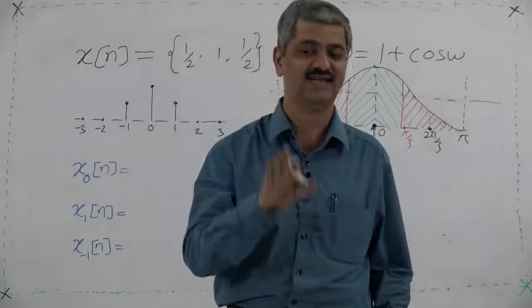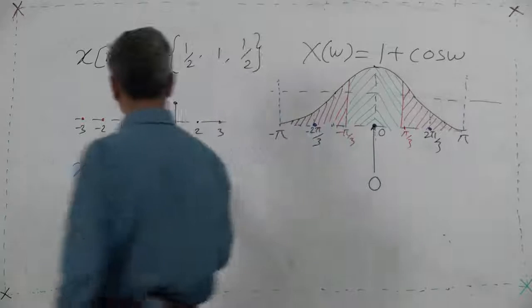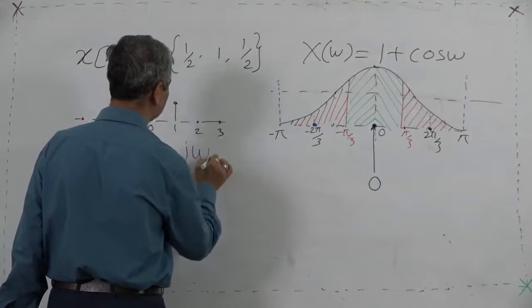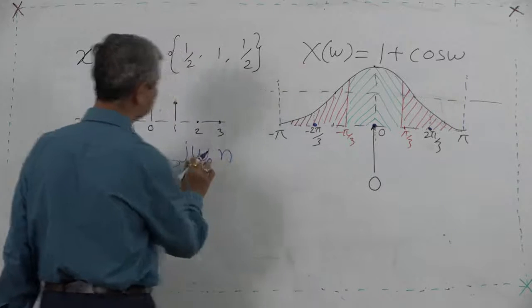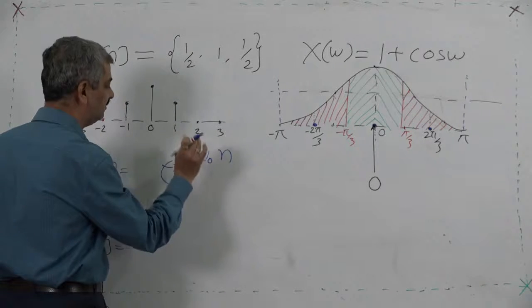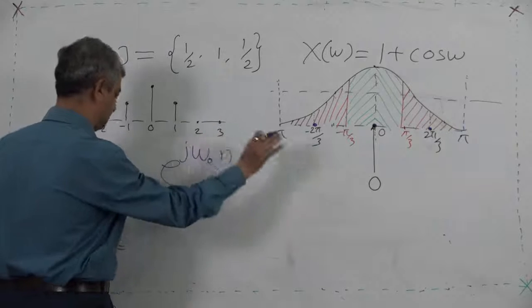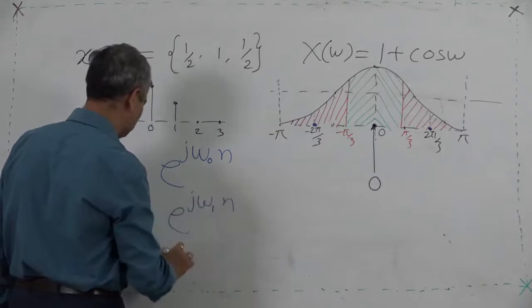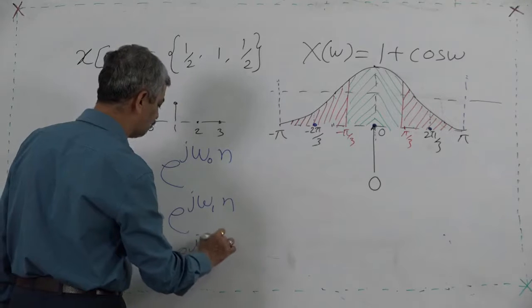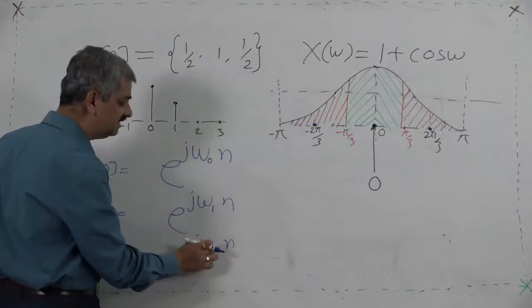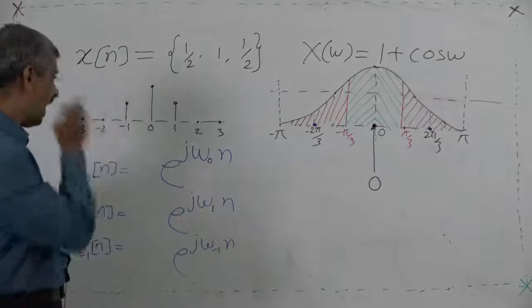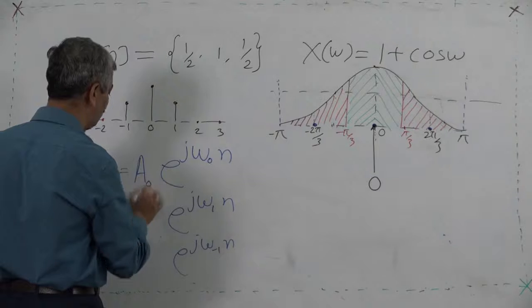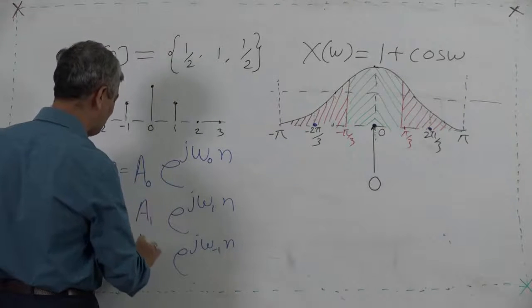So, I can say it is e raised to j omega 0 n, where omega 0 is the middle frequency of the middle strip. This is e raised to j omega 1 n, and this is e raised to j omega minus 1 n. This minus 1 is not a minus, it is just the index value, and each of them will have magnitude a0, a1, a minus 1.